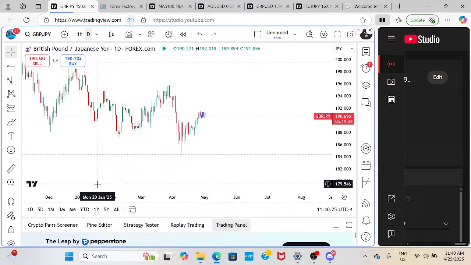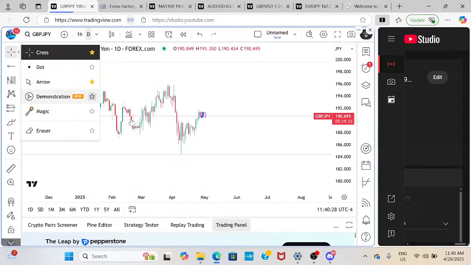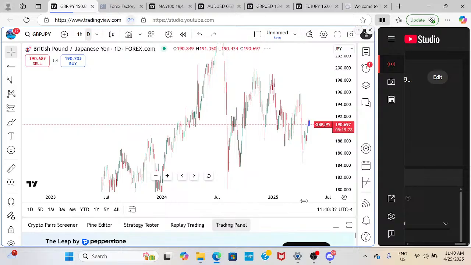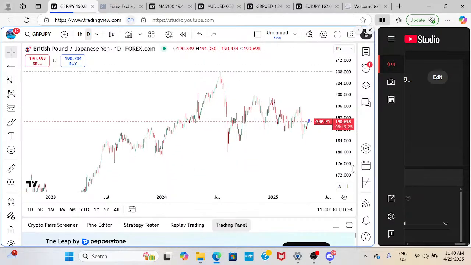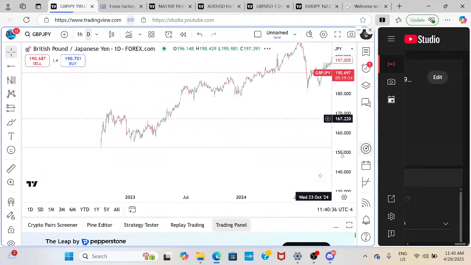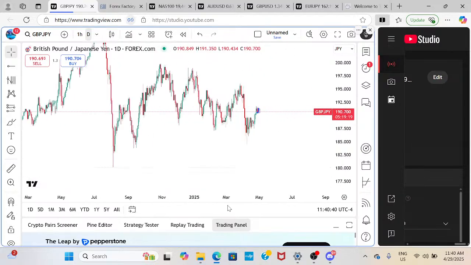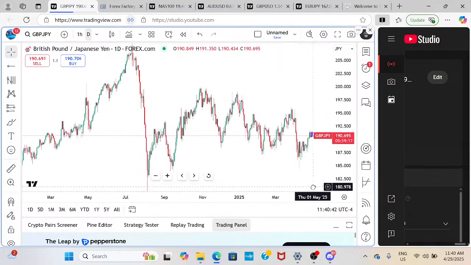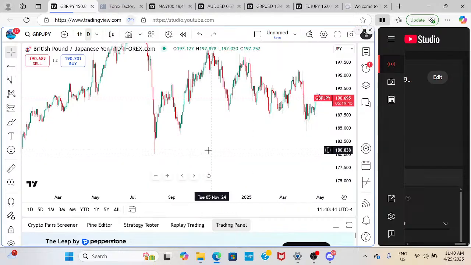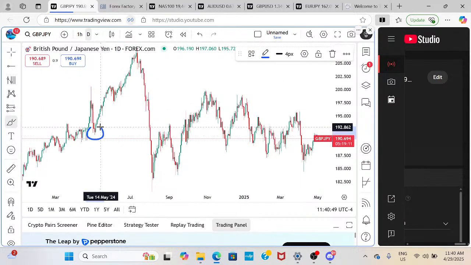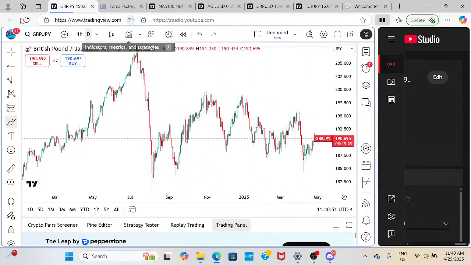On the daily time frame, we have a bearish structure, because price broke this low here, so this is bearish.